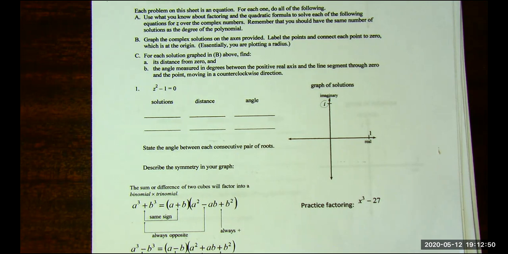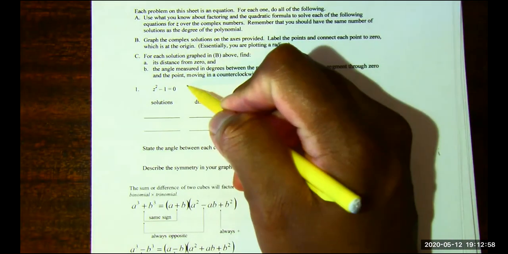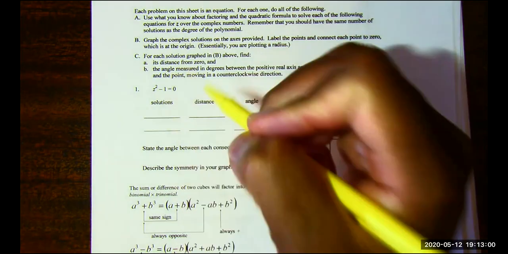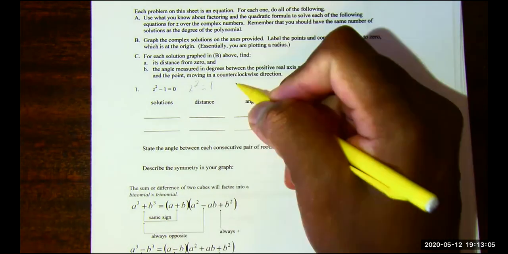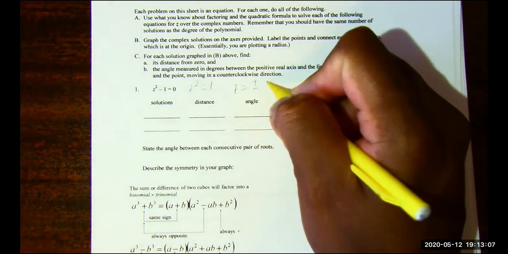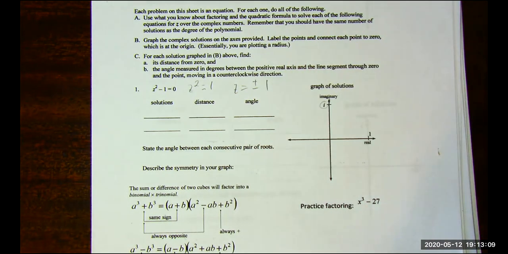Okay, so looking at this, we're going to have to post the solutions first. So think about what those solutions might be. Think about how we're going to solve it. Generally speaking, if I solve for z squared, I get z squared equals positive 1. Therefore, z equals plus or minus 1 when I take the square root of it.